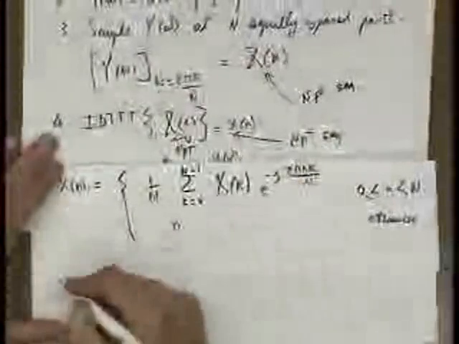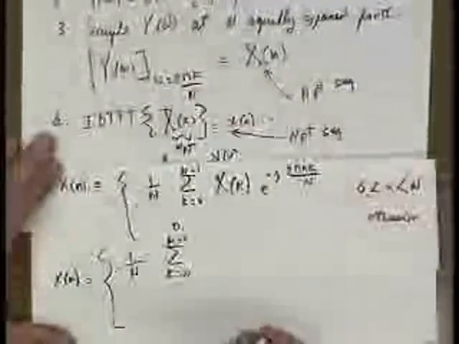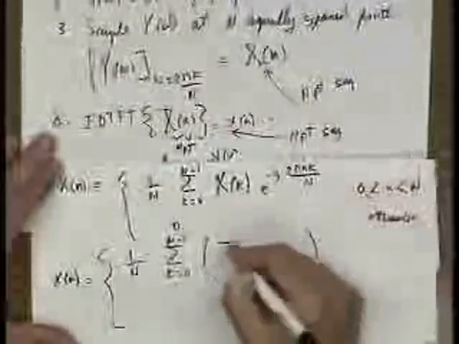Now I'm going to relate x of k to y of omega because that's how they're related to each other. Work my way backwards. So now, doing that, what do I get? x of n is equal to 1 over N, summation from k equals 0 to N minus 1. And now instead of x of k, I'm going to put this thing: y of omega sampled at omega equals 2 pi k over N. So how do I do that? Well, what is y of omega?